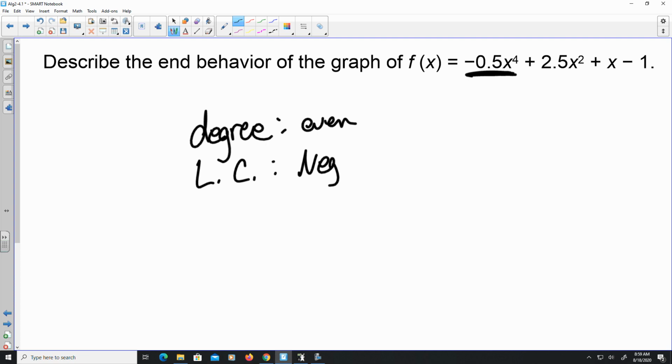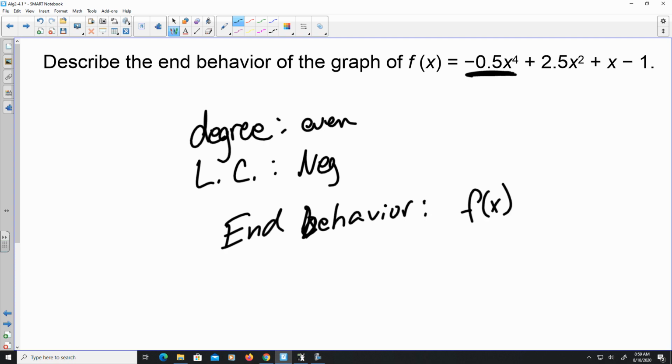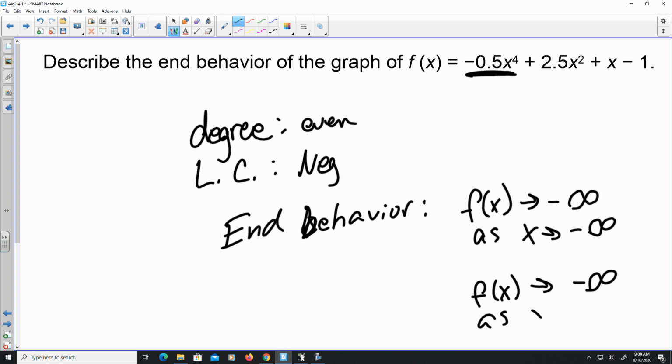So the end behavior is simply going to be as f of x will approach negative infinity as x approaches negative infinity, and f of x will approach negative infinity as x approaches positive infinity.